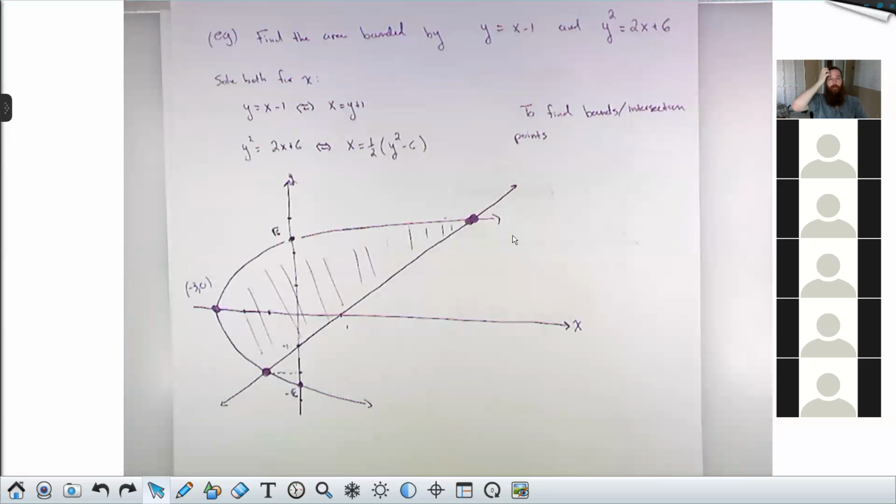Can you set the equations equal to each other? Yeah, I set this equal to this, right? They're both already solved for x. So if I set them equal to each other, I will get y values out, and those y values will be the y values where these things smack each other.